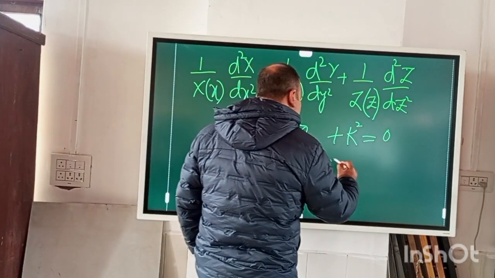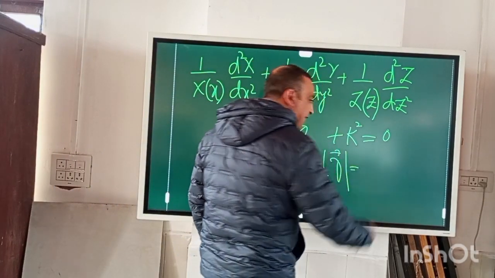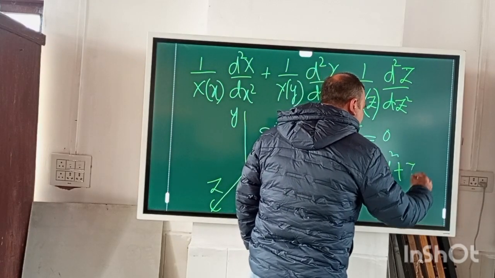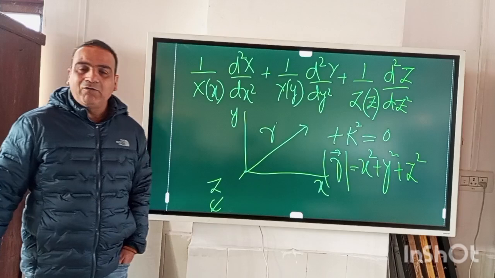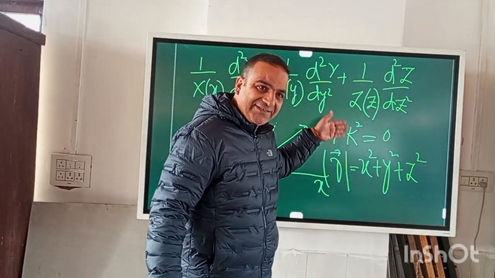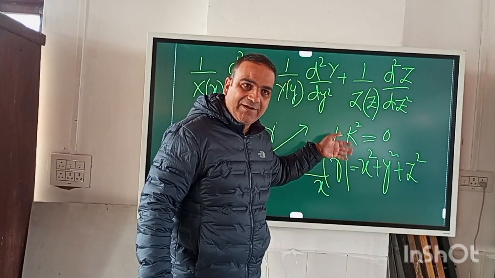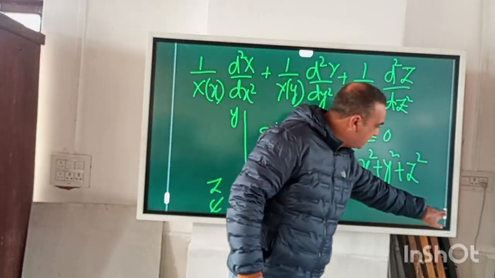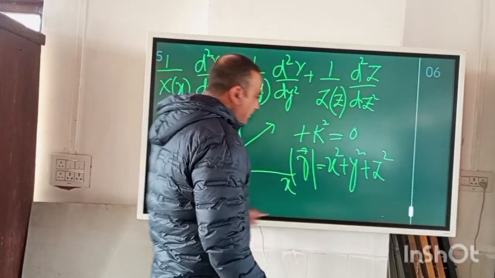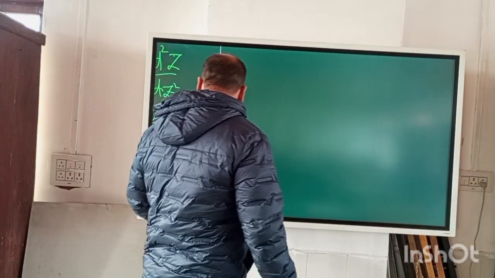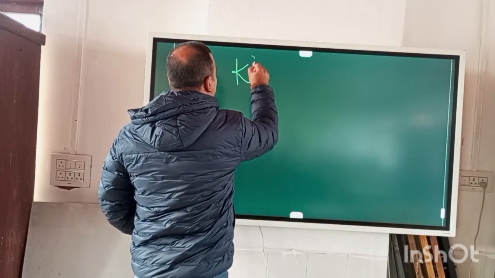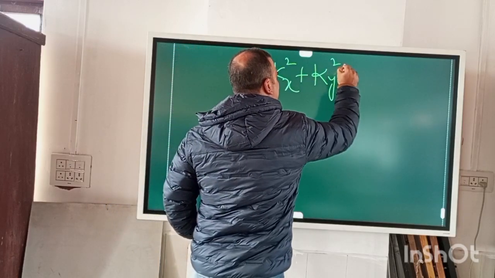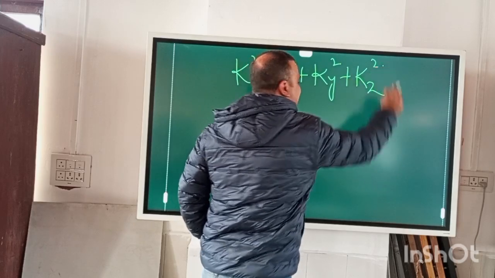What will be the magnitude of this vector? The magnitude of this vector will be x² + y² + z². Now, similarly, k is a vector, and you define this vector in a 3-dimensional Cartesian space. So what will be this k²? Come on. So k² will be kx² + ky² + kz².